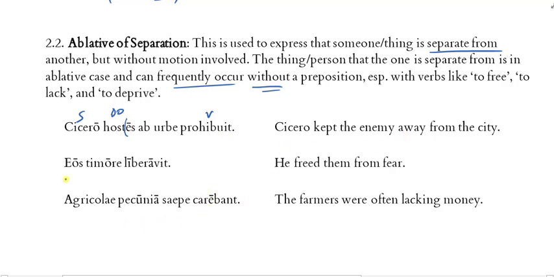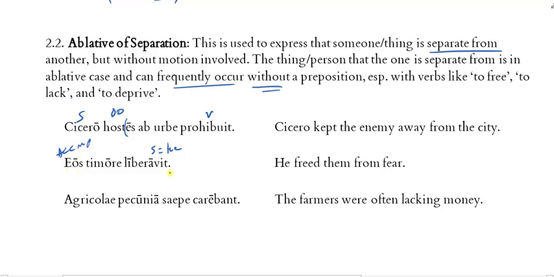In the second one, I have eos, which is actually an accusative masculine plural pronoun, third person. Liberavit is one of our newer verbs. The subject is the inflection, he, third singular on this perfect active indicative form. He freed eos, them.